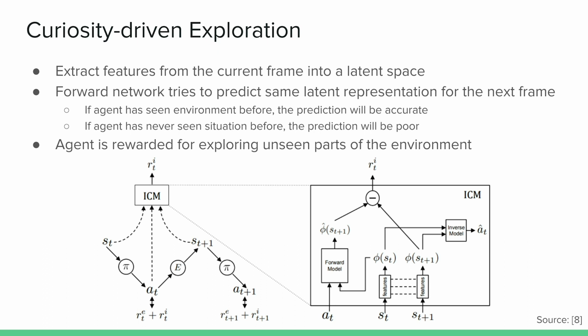Because the state change, if we don't have any control, will be independent of our action. So if we predict the inverse action that has been taken and there is a causal dependency between the state and our action, we will predict this correctly. So we'll learn which parts of the environment are relevant for us and which are not.